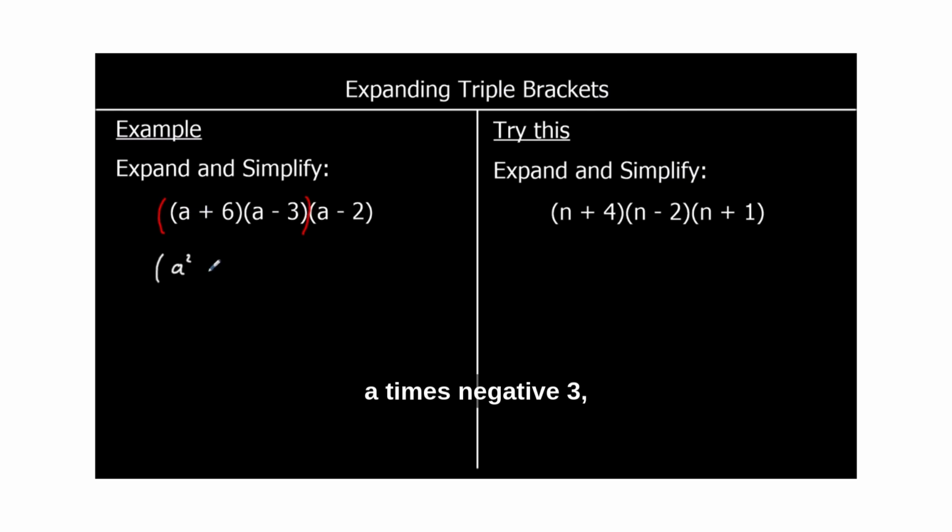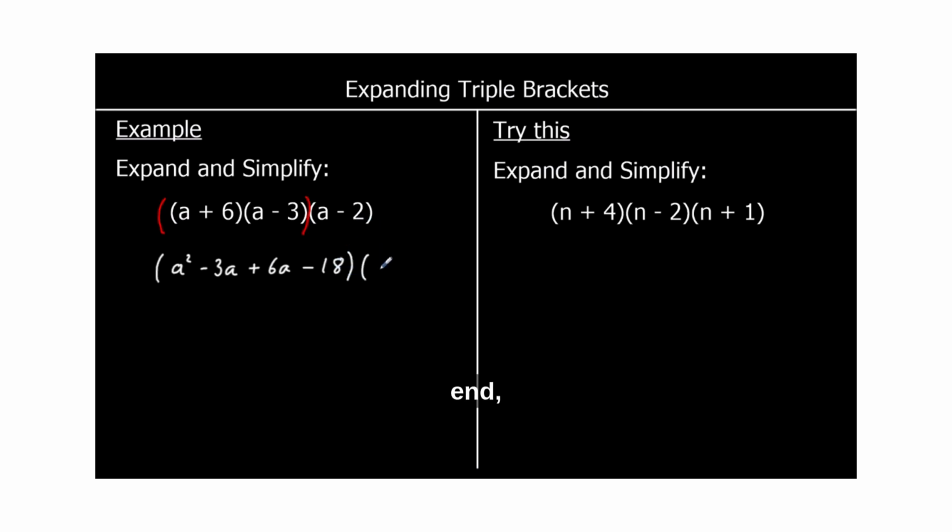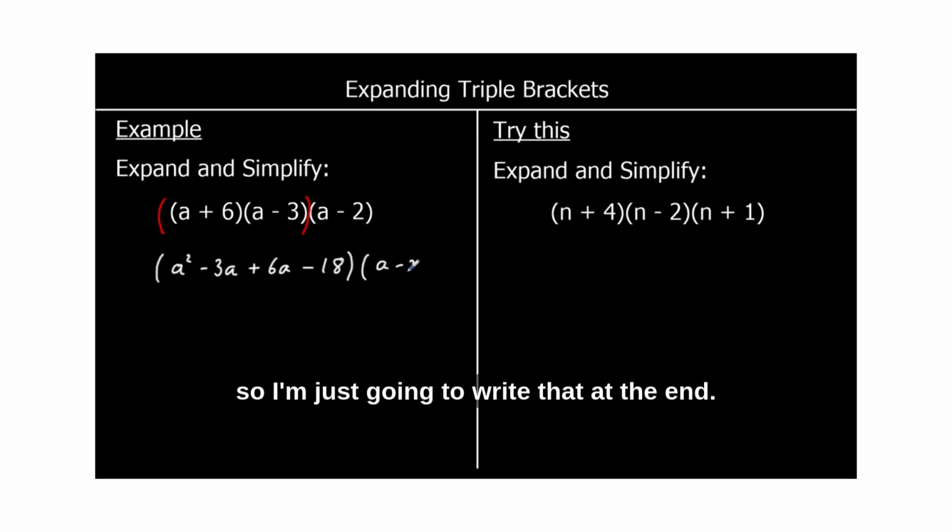A times negative 3, negative 3a. 6 times a is 6a. And 6 times negative 3 is negative 18. And I've still got a third bracket on the end, so I'm just going to write that at the end.